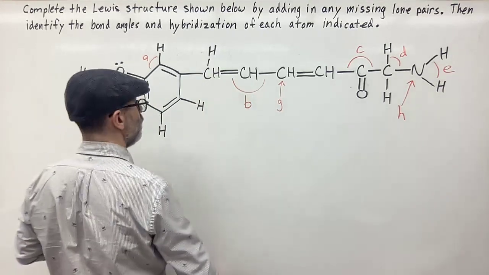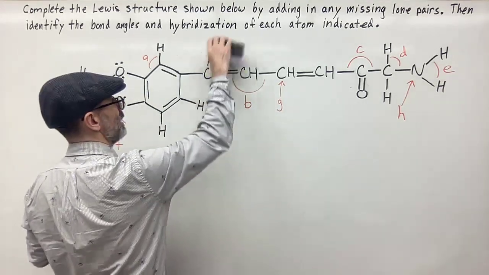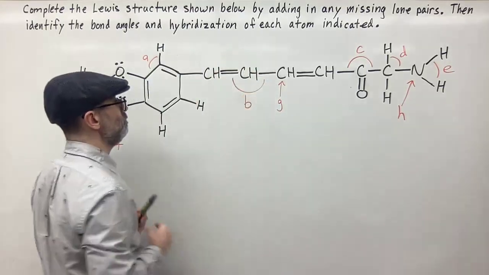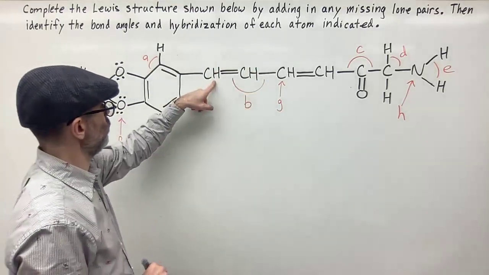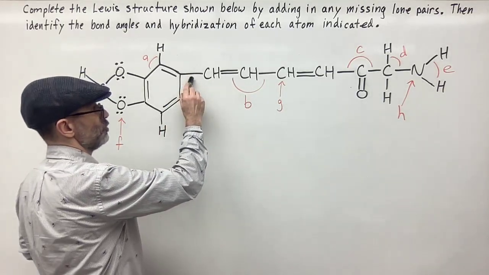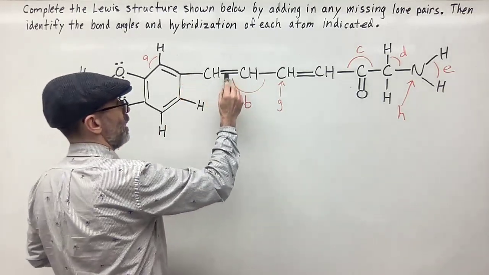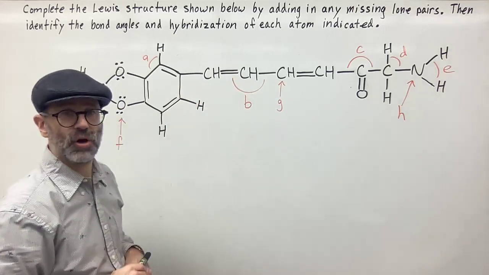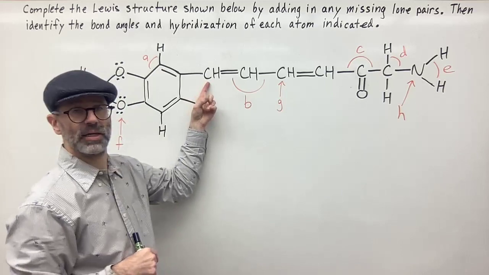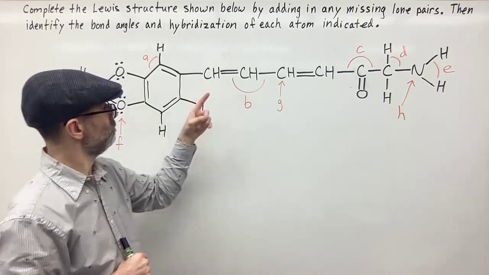So this hydrogen is bonded like this to the carbon. That's 1 bond plus this bond here, that's 2, plus the double bond to the carbon. So this has 4 bonds, so this carbon has an octet.